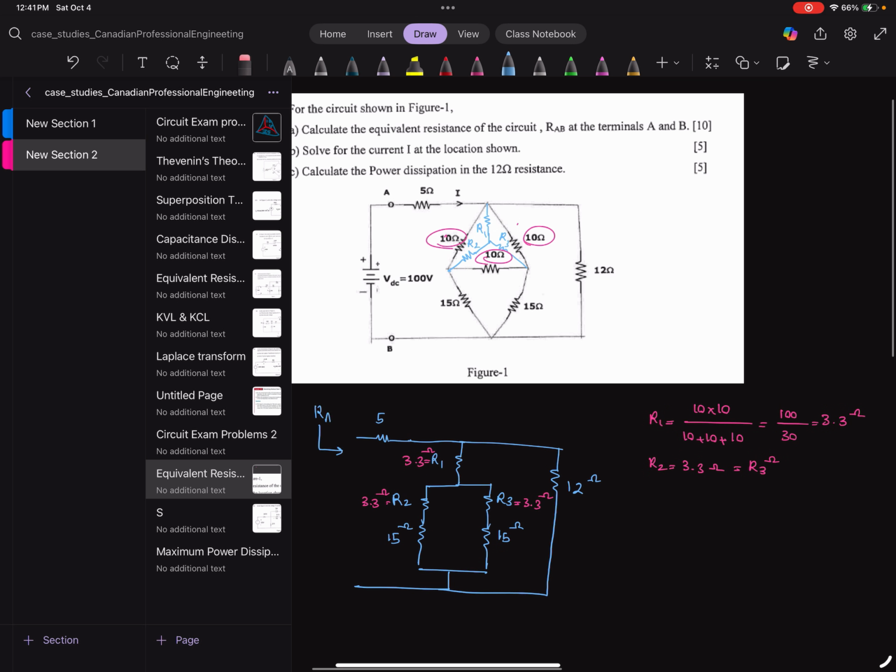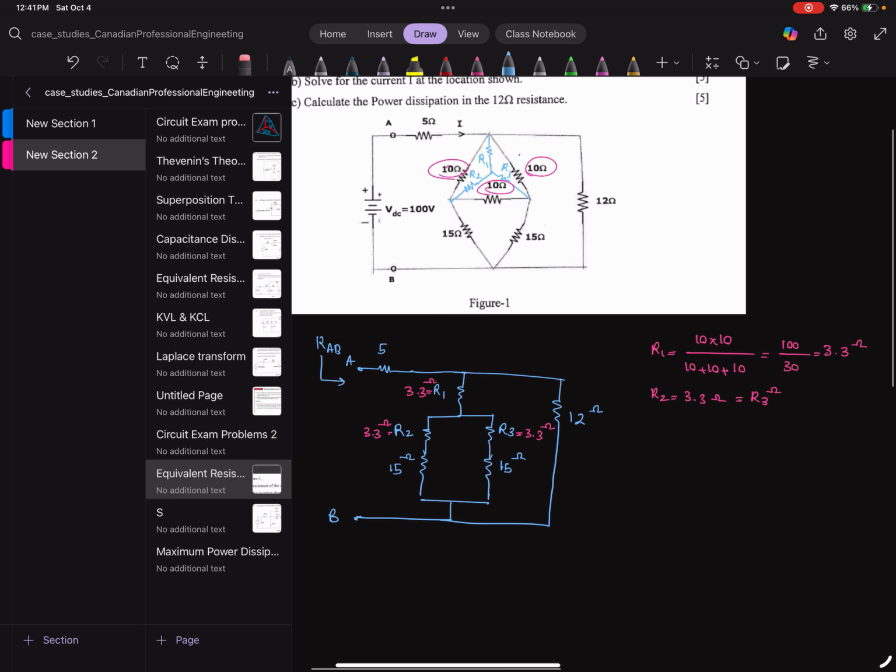Now we are looking into here. We want to find R_AB. A, this is B. Okay, let's simplify that again. So the total one, we can see already, R_AB is this 5 ohm in series with whatever we can see from this point.